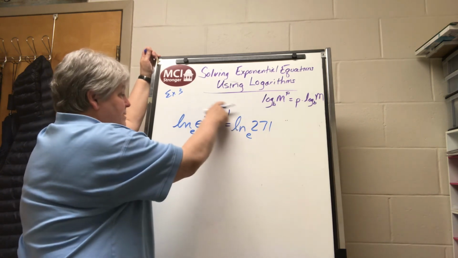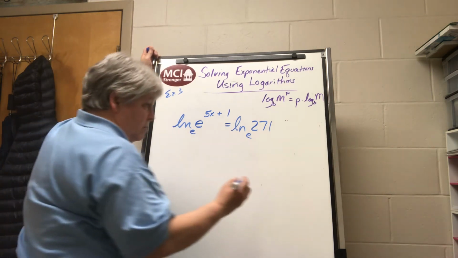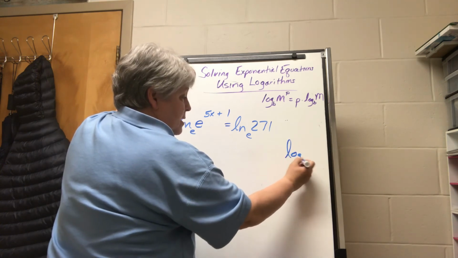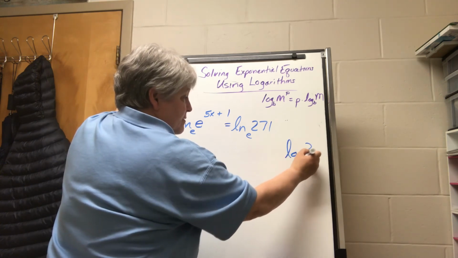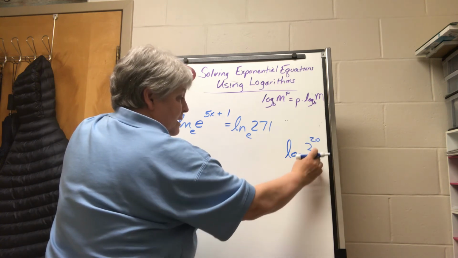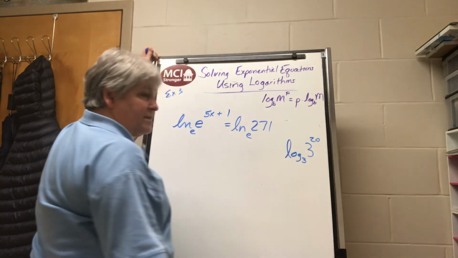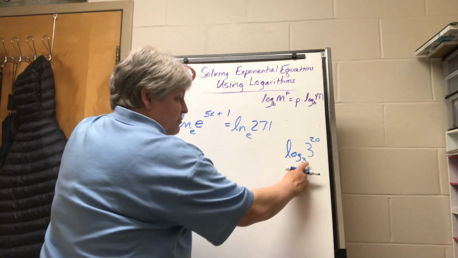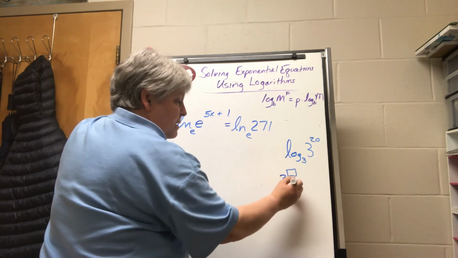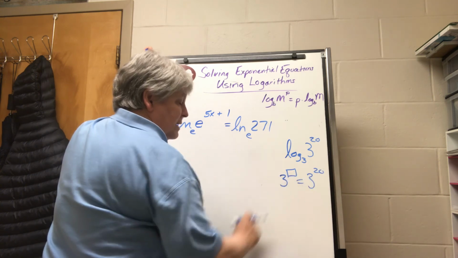But I want to bring to your mind some problems we had done earlier, a session or two ago. Do you remember when I asked you what is the log of 3 to the 20th? What power do I raise 3 to if I want to get 3 to the 20th? And it came out to the exponent every time, so long as these matched. 3 to some mystery power equals 3 to the 20th. Well, that must equal 20.